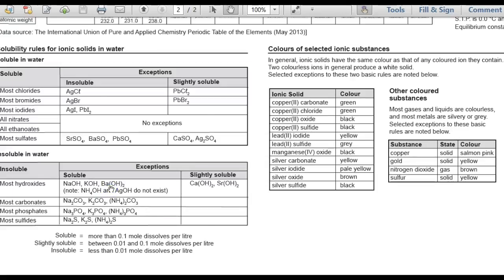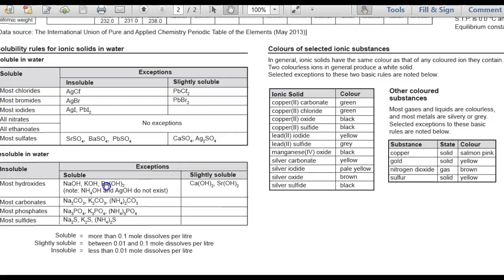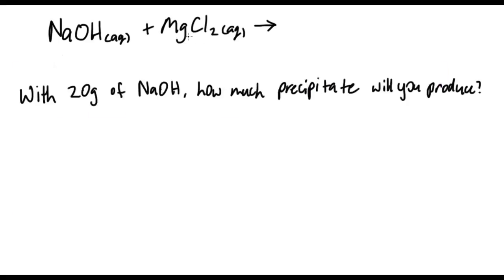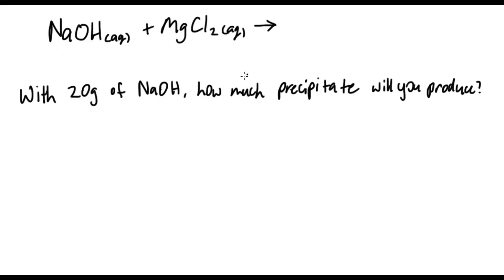So let's go back to our equation. Sodium hydroxide and magnesium chloride. So we can see here that most hydroxides are insoluble except for sodium hydroxide. So we know that's soluble. We have magnesium chloride. We know that all chlorides are soluble. However, we have these different ions in solution.